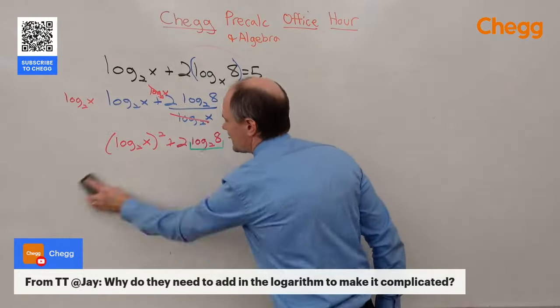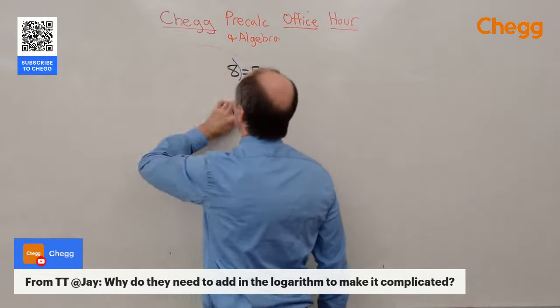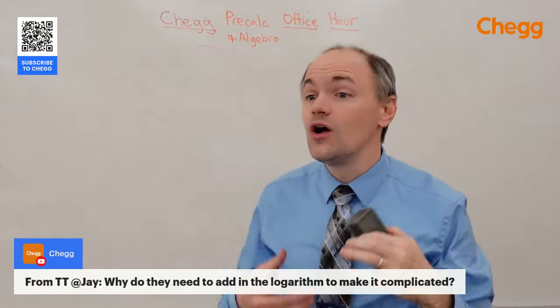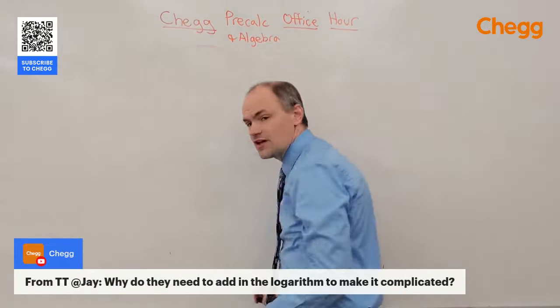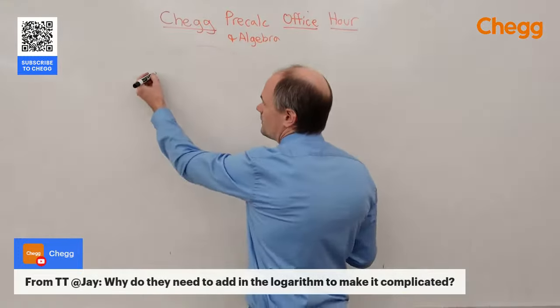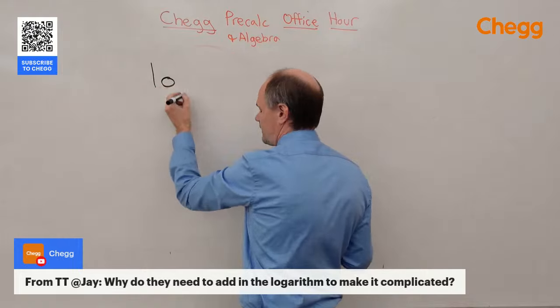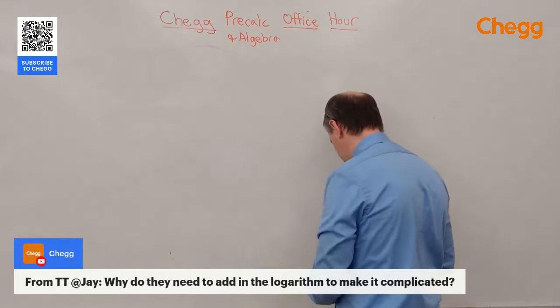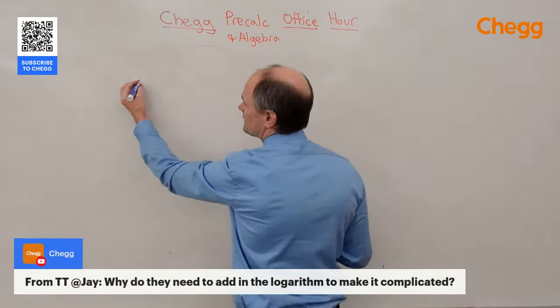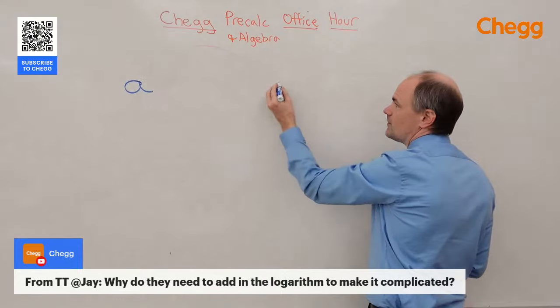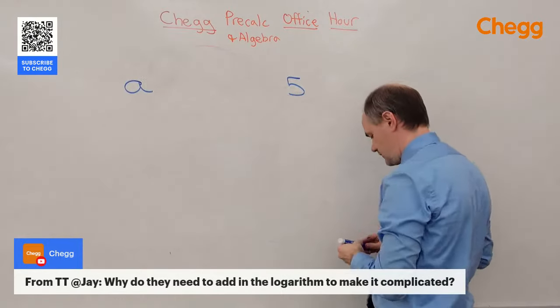Let's take a look at exactly what is a log, because I saw somebody put a comment, isn't a log like something that just fell out of a tree? Well, not these logs. Let's take a look at what logs really mean. Let's start with the familiar. Let's say I have some base. We'll call it A. And we'll also do it with numbers, maybe the number 5.